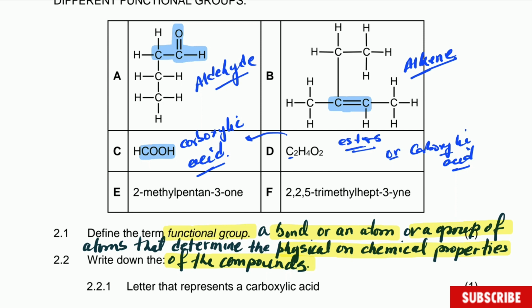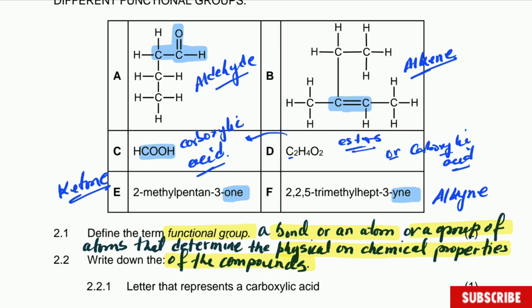Compound E ends in -one, and therefore it is a ketone. And the final one, compound F, ends in -yne, as you can see there, and therefore it is an alkyne.